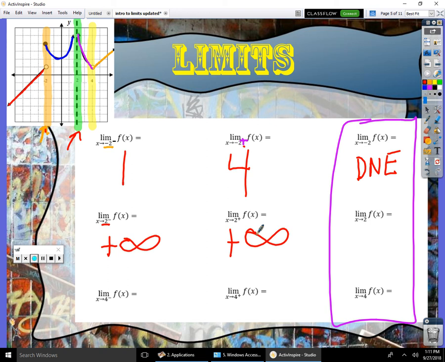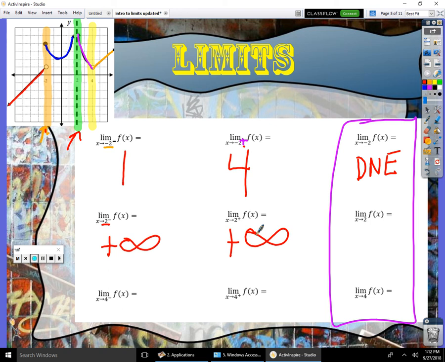If one was going to positive and one was going to negative, it definitely does not exist. This is one where I could go either way. You can go ahead and say positive infinity because that's not really a value. You can say does not exist because infinity is not a clear value, okay?